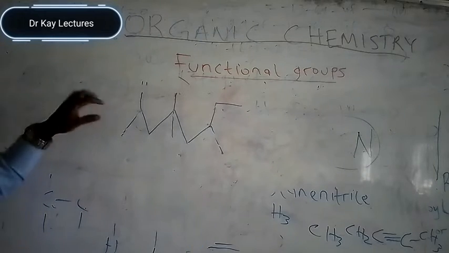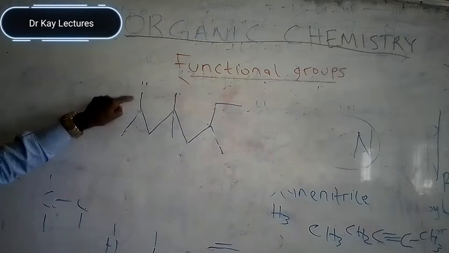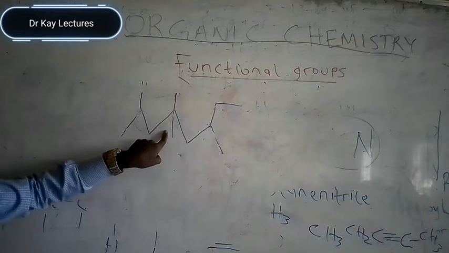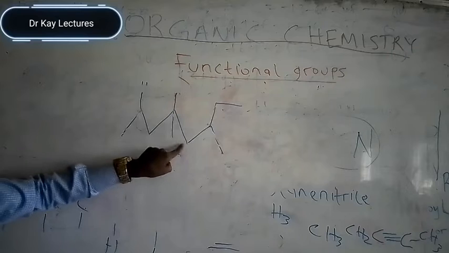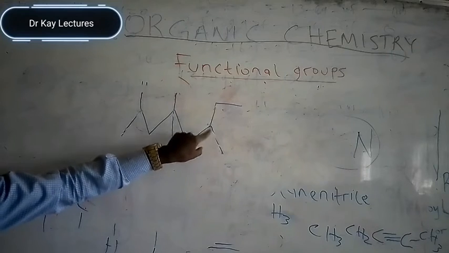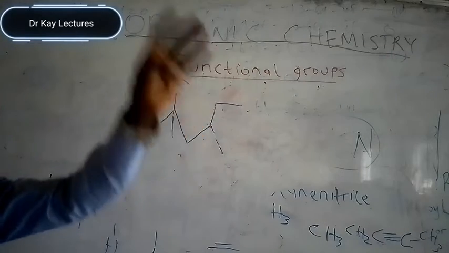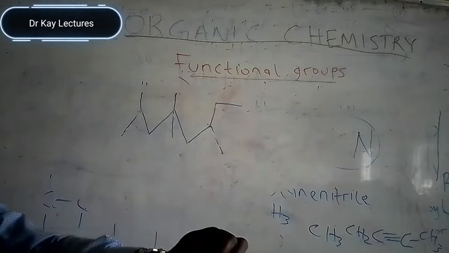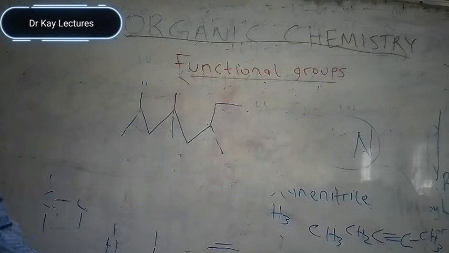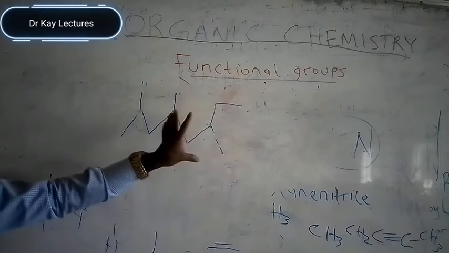So what we have is methyl at 2, 4, 4, 6. Tetramethyl, which is telling us that we have 4 methyls there altogether. So 2, 4, 4, 6, we are stating the position.